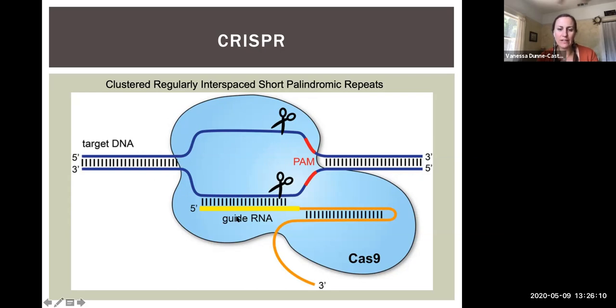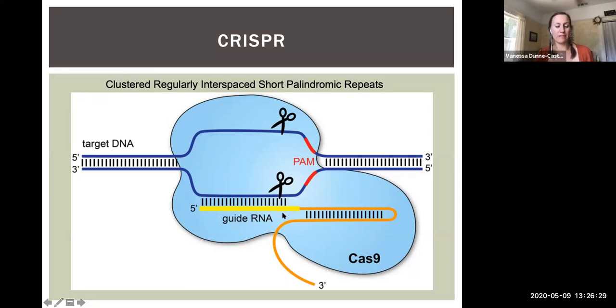Now, again, bacteria have developed this as resistance to viral invaders. When a virus infects a bacterial cell, that viral nucleic acid is targeted. A fragment is taken out of that viral DNA and stuck into this CRISPR-Cas9 system.